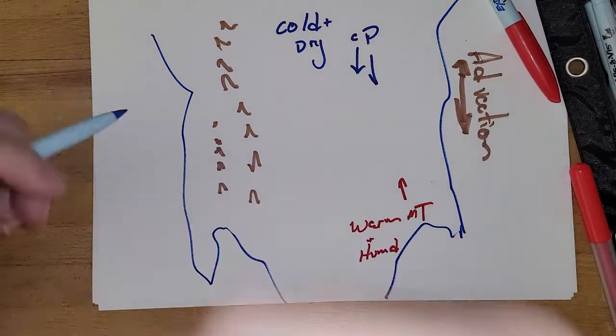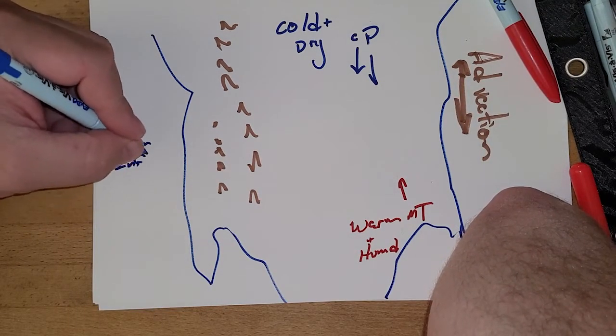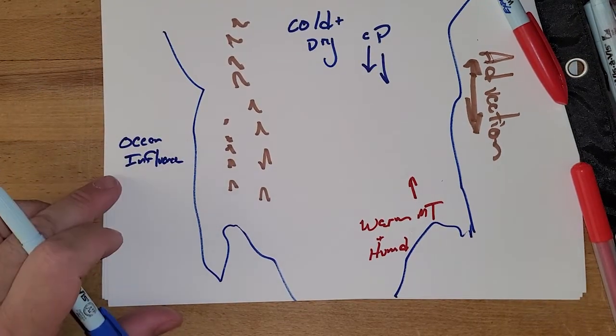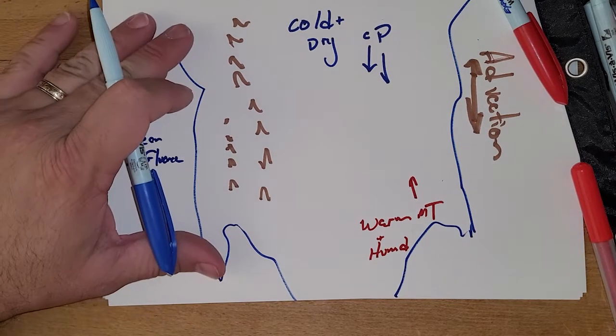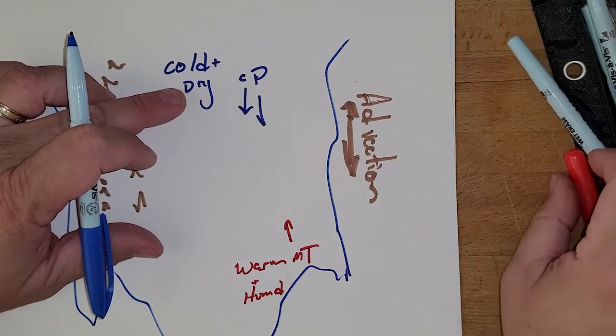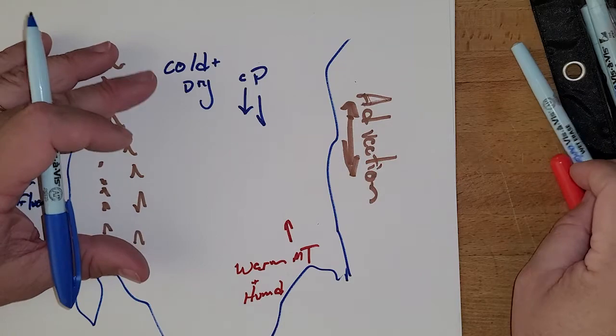And that is because we have our ocean influence over here. That ocean influence is going to be affecting the humidity and the temperature of the air that we see over here. Over here, we're talking bitter cold and stone dry air. Very, very dry. Okay, well, it's not quite stone dry. It's got a little humidity, but not much.